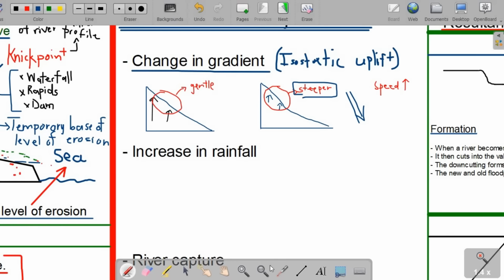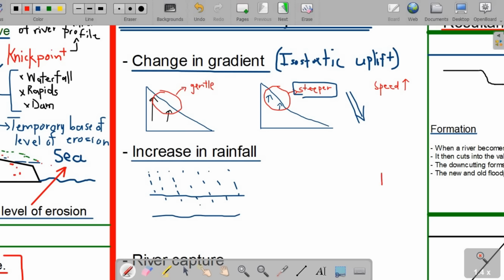And then there's another point, which is the increase in rainfall. Let's say maybe the local climate has changed. Now it is much wetter. Let's say it rains most of the time, and so this speaks to the volume of the water. The volume of the water will increase, right?